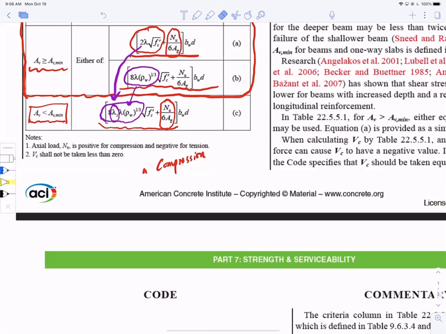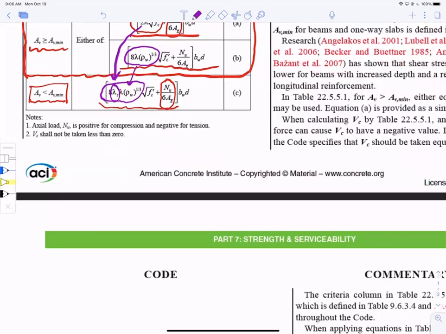So from B to C, I only change it from 8 lambda rho w 1/3 to 8 lambda rho w 1/3 multiplied by lambda s.